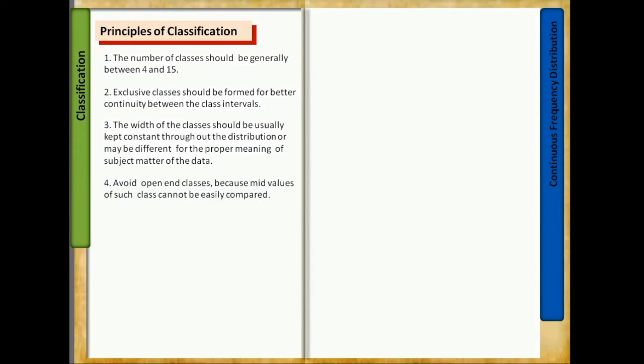Avoid open-end classes because mid-values of such classes cannot be easily compared. The classes should be arranged in ascending or descending order. The lower limit of the first class should be a multiple of 5.